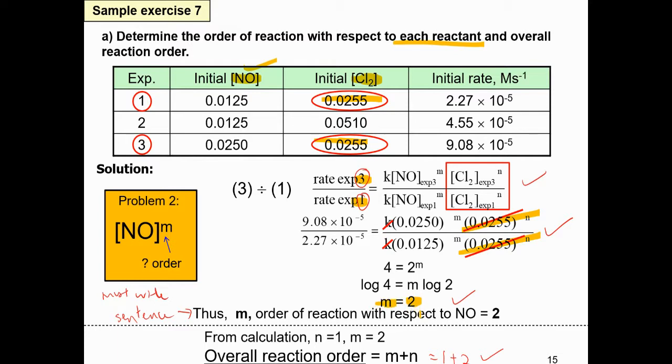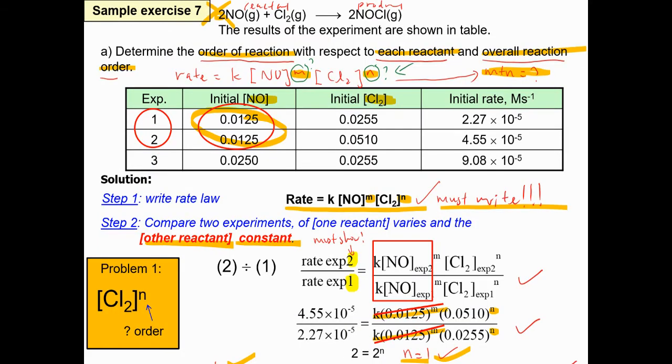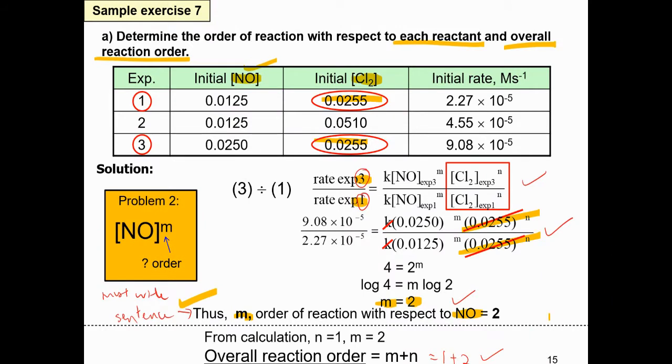But what does m equals 2 mean? m is the order of reaction with respect to nitrogen monoxide. Remember to write the order of reaction. And don't forget, we need to find the overall reaction order. Chlorine is 1, nitrogen monoxide is 2. So 1 plus 2, m plus n, we get 3.